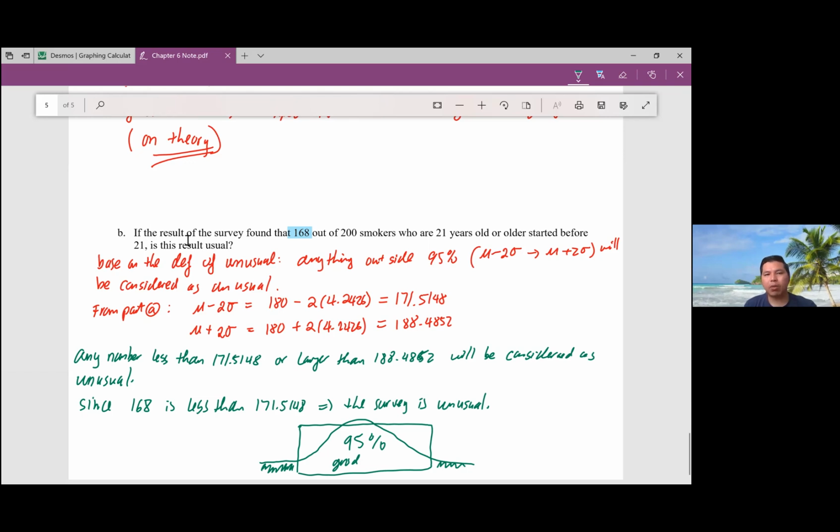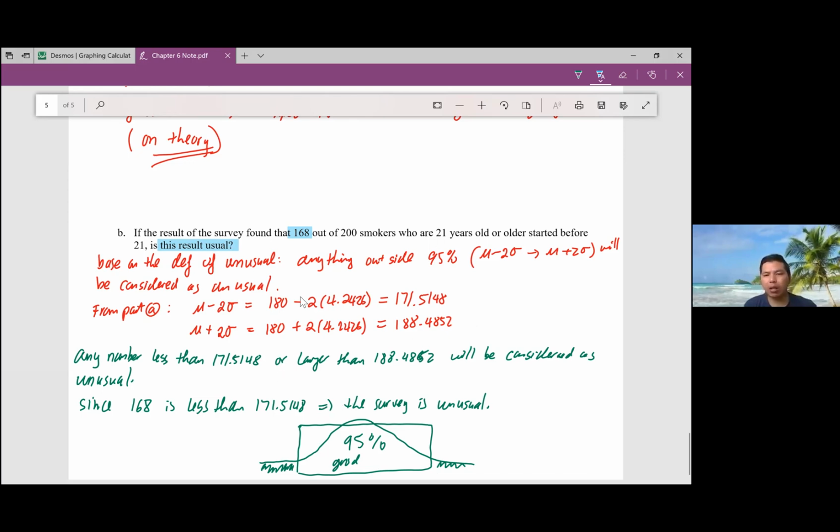So if you see a question on the homework or on the exam asking whether a result is usual or unusual, this is all you do, right? Anything outside of the 95% range is considered unusual. The way to check is to compute mu minus 2 sigma and mu plus 2 sigma, and then compare the result we received with that range. If it falls within the range, then we're good.